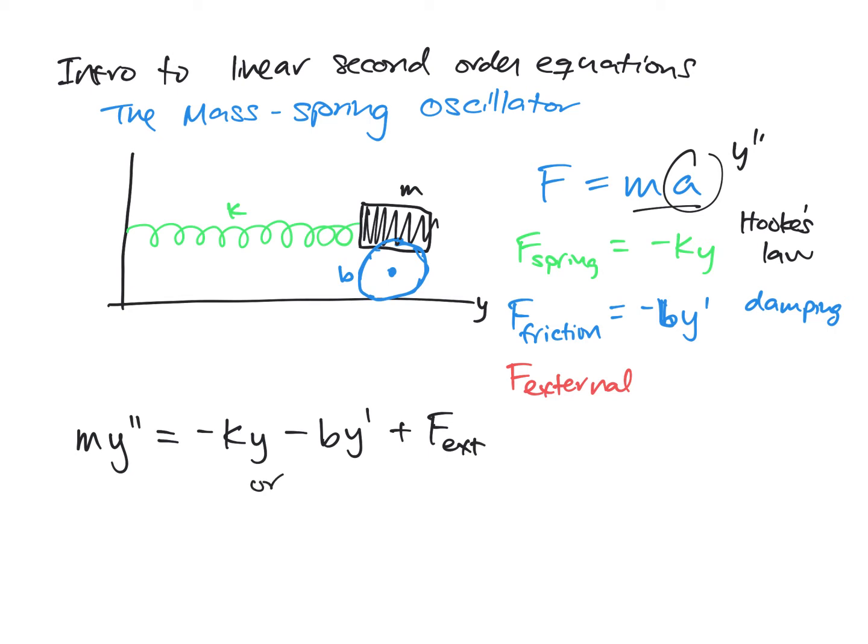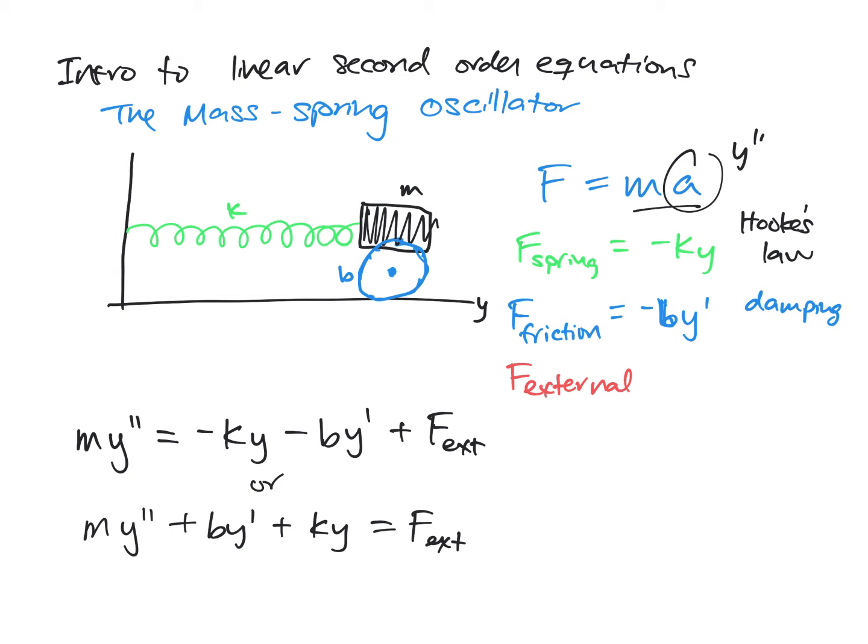Or another way we can write this is m y double prime plus b y prime plus ky equals f external. So this is our second order equation here.